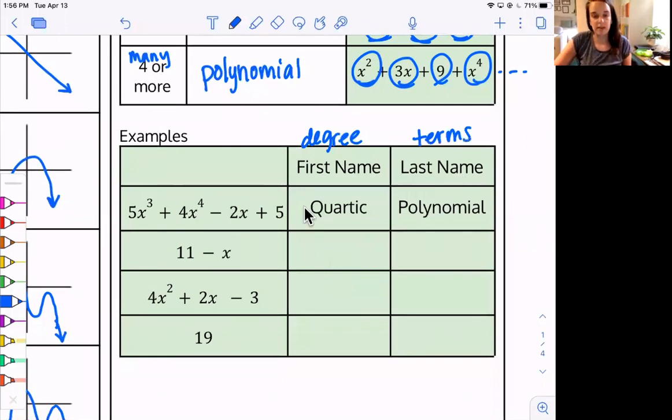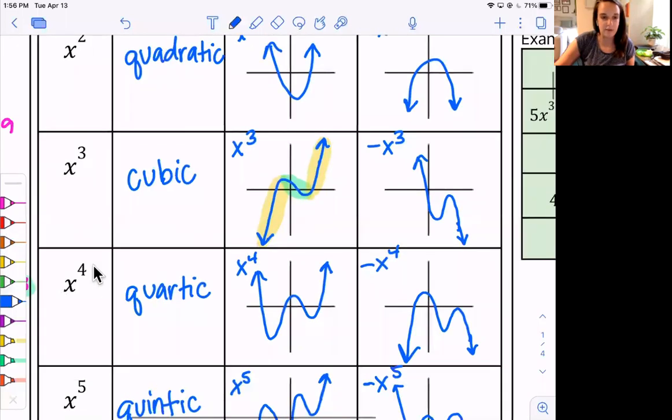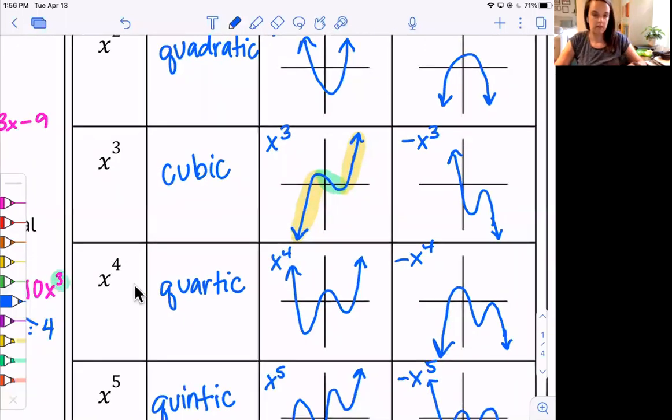So for this first one, I would call it a quartic polynomial because it's quartic because its biggest exponent is 4, right? If I look at all the exponents, the biggest one is 4. So it's quartic. Remember, x to the 4th. X to the 4th is quartic, right?